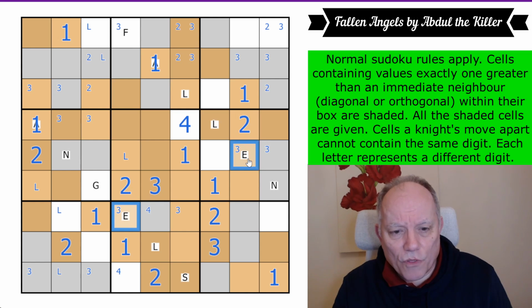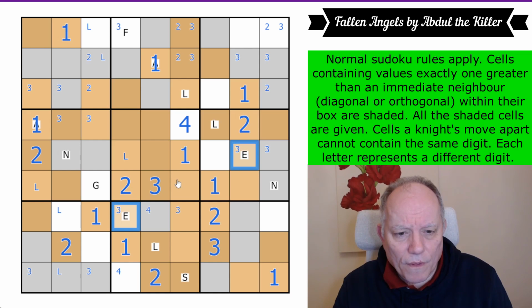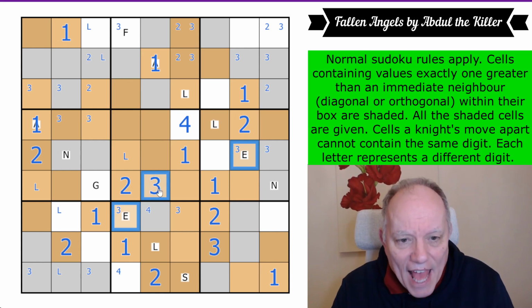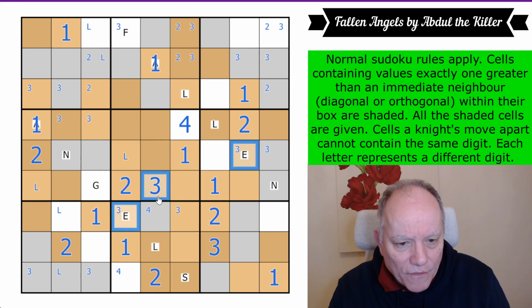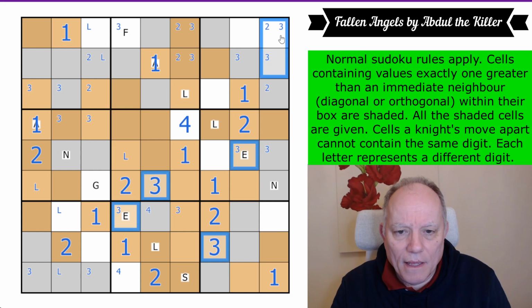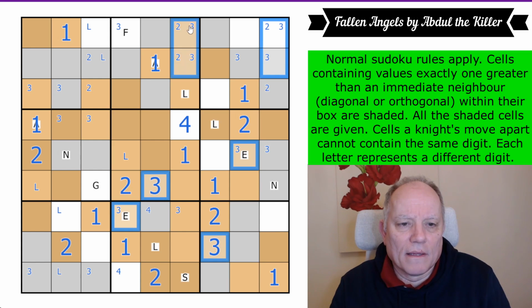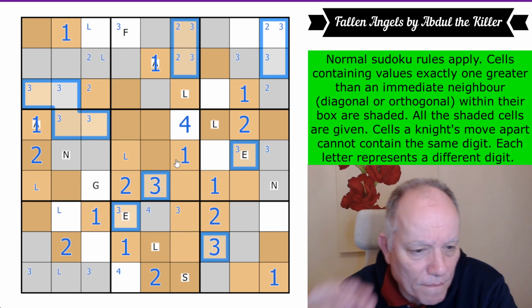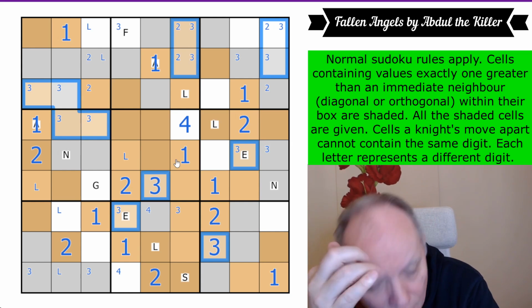If E was 3, actually that has to be 3. No, it doesn't. 3 is there. 3 is there in box 5, you Muppet man. Oh, it's the same old merry-go-round as before.